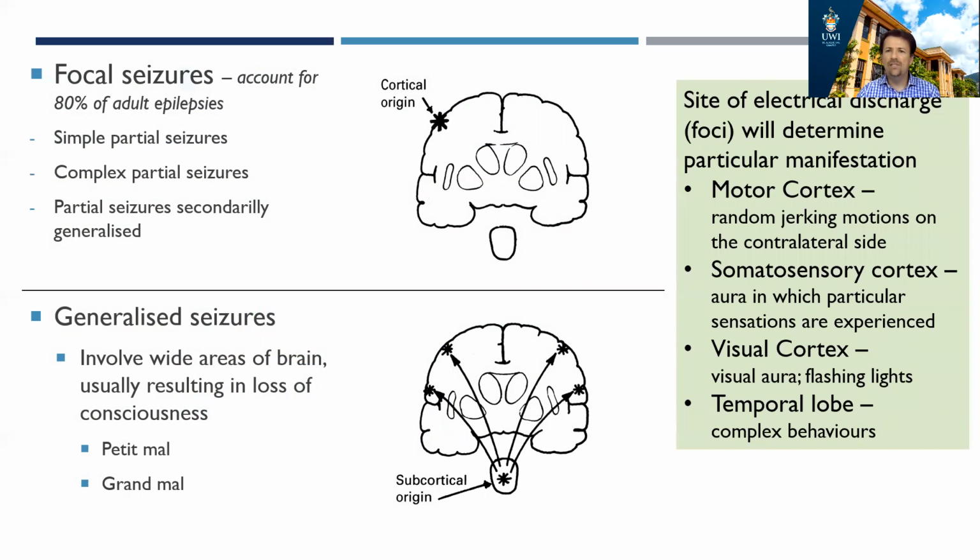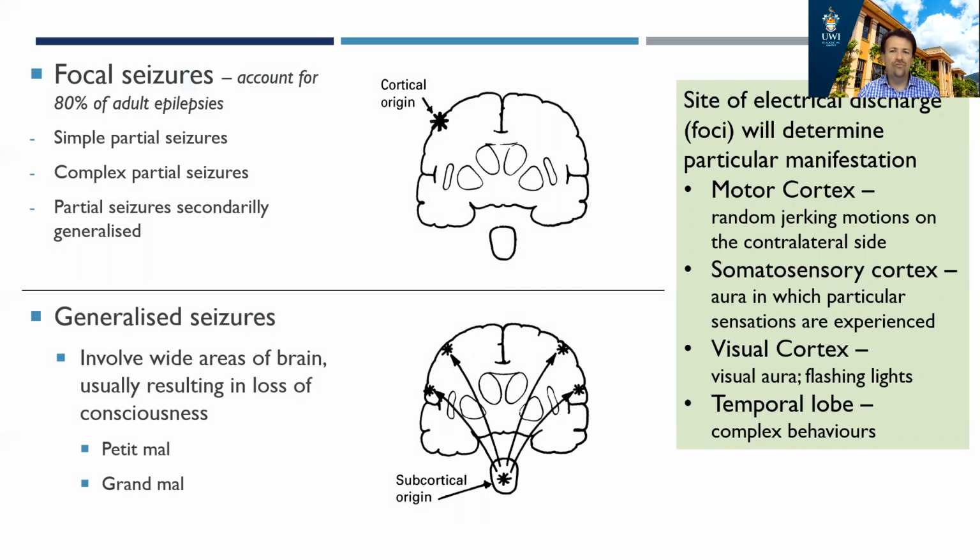In terms of focal seizures, it's important to appreciate that the site of the discharge will determine the behavioral manifestation. So, for example, if the seizure occurs in the motor cortex, you're going to get motor symptoms with random jerking motions on the contralateral side.